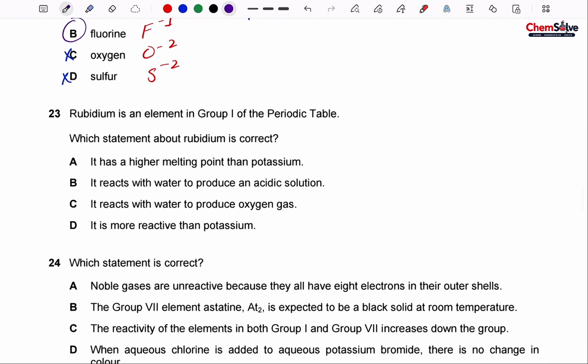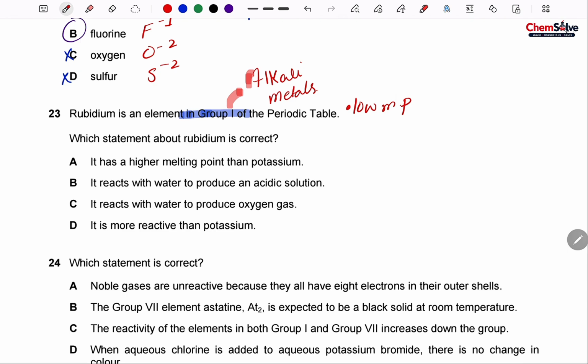Rubidium is an element in group 1 of the periodic table. Okay, which statement about rubidium is correct? Just look at the properties of group 1. Group 1 elements are called alkali metals. Alkali metals generally have a low melting point, and the statement is saying that it has a higher melting point.